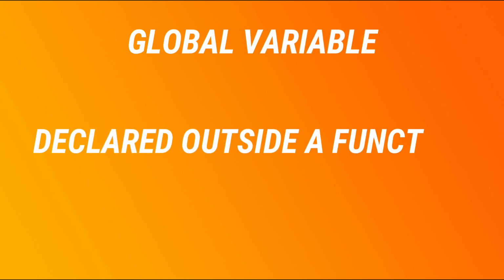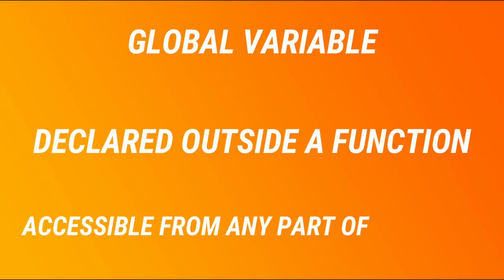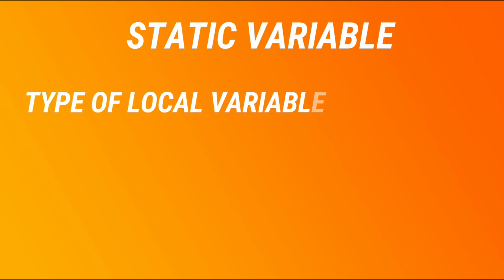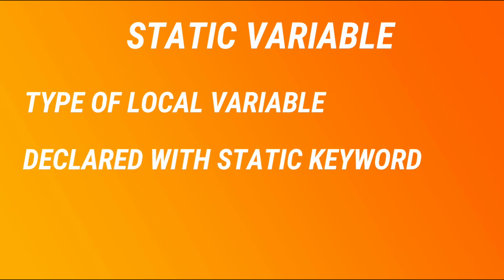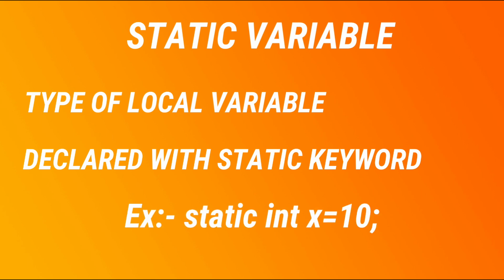A global variable is declared outside the function and can be accessed from any part of the program, and its memory remains allocated throughout the program execution. A static variable is a type of local variable declared with the static keyword inside any function. For example, static int x equal to 10.